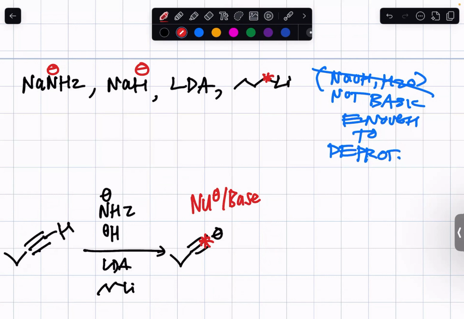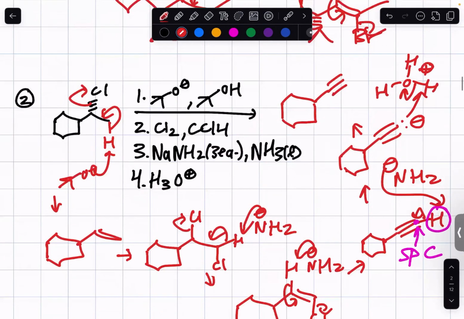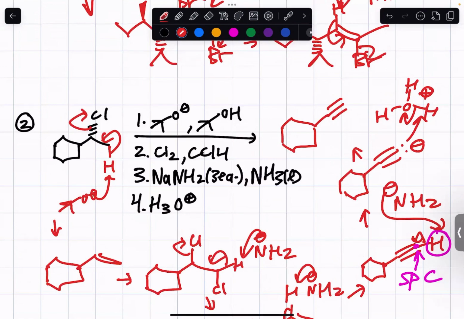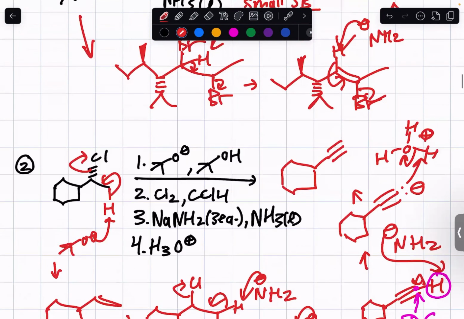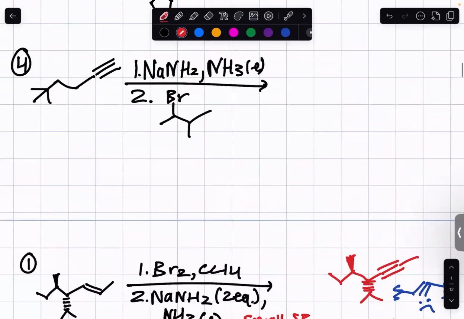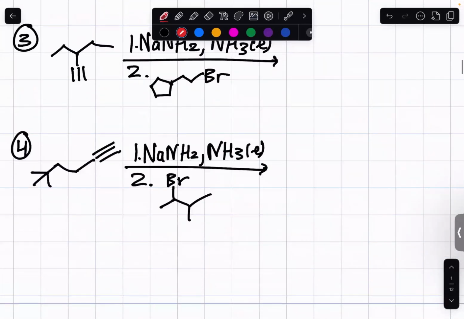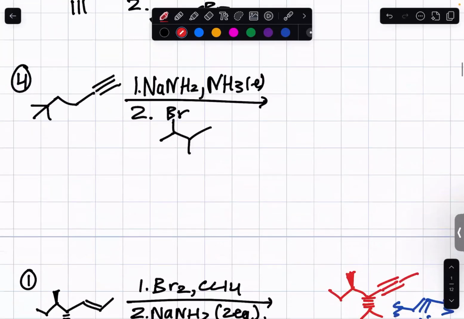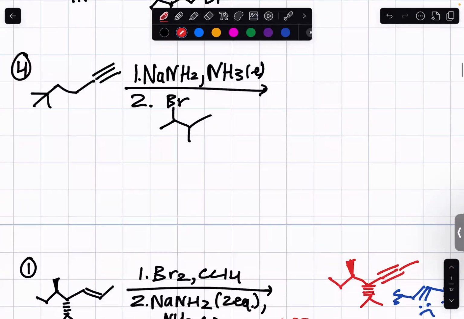What about for internal alkyne? Would NaOH be acceptable? Internal alkyne. So if you want to form an internal alkyne, then you could use NaOH as the base, right? But I wouldn't use NaOH.